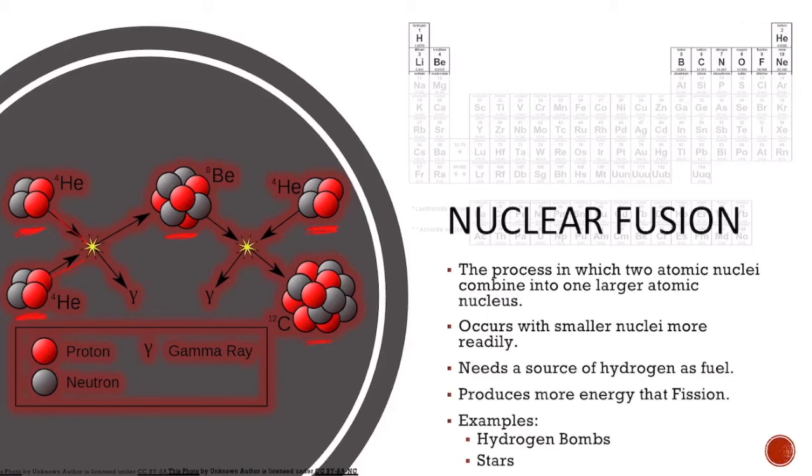And some examples of where we can see nuclear fusion taking place would be in hydrogen bombs. So this is similar to the atomic bomb, only it's using nuclear fusion instead of nuclear fission, and in stars. And if you notice, the only way that humans are able to use nuclear fusion currently is in a bomb.